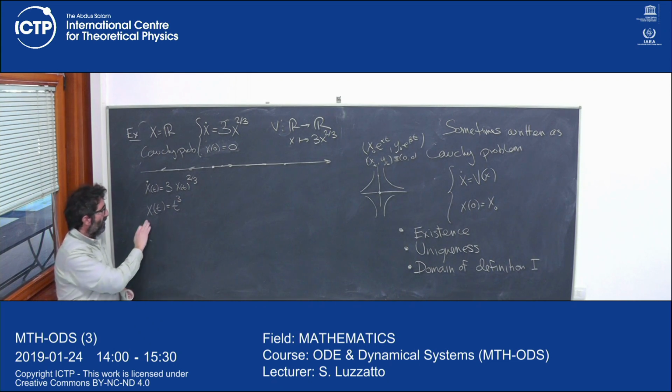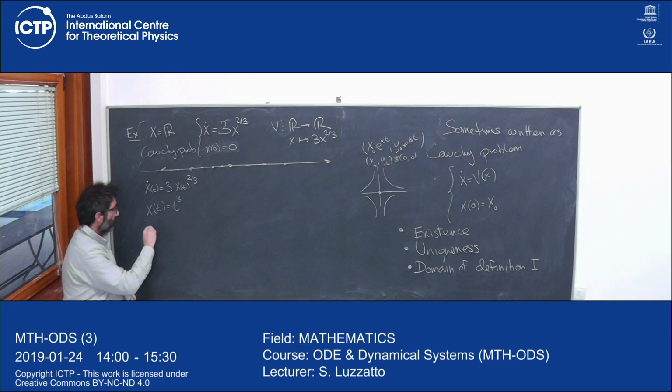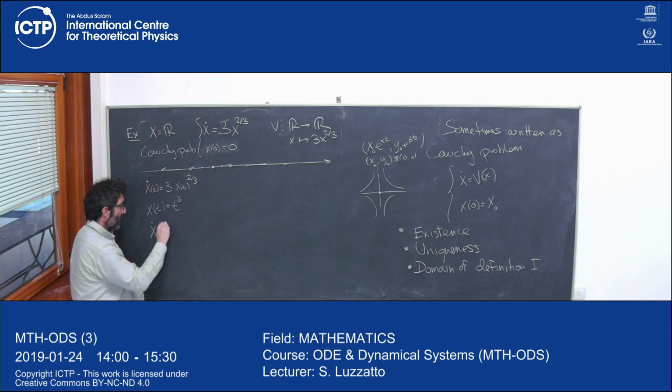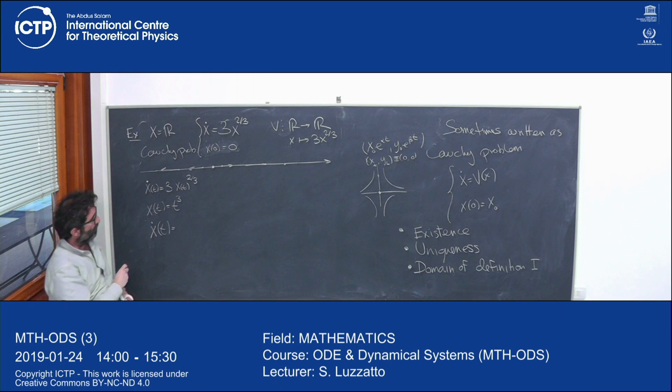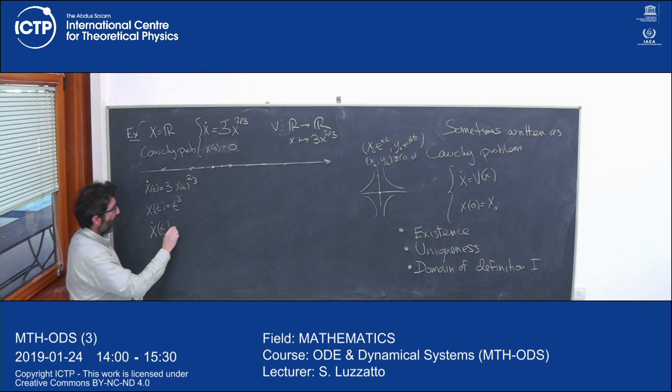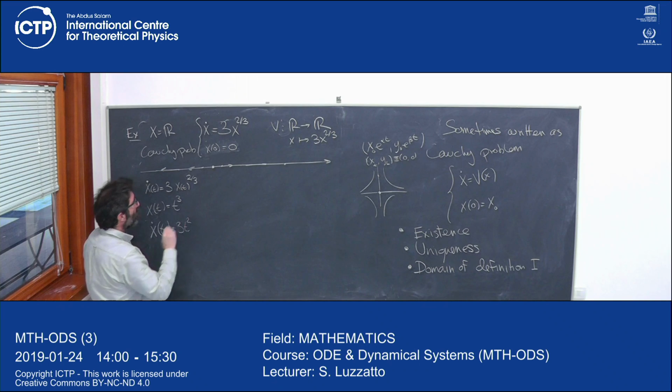What is the derivative of this with respect to t? x dot of t is equal to 3t squared.